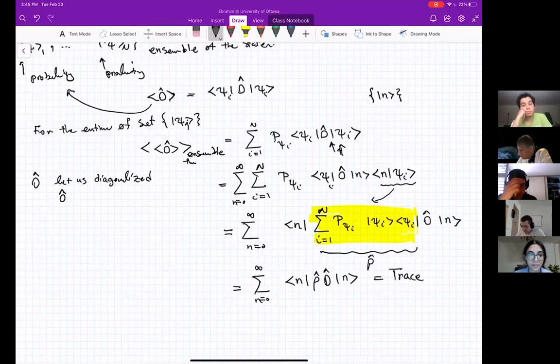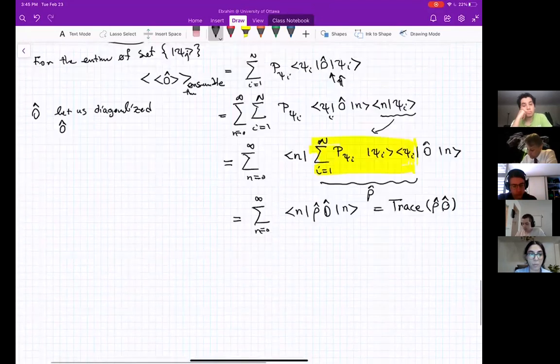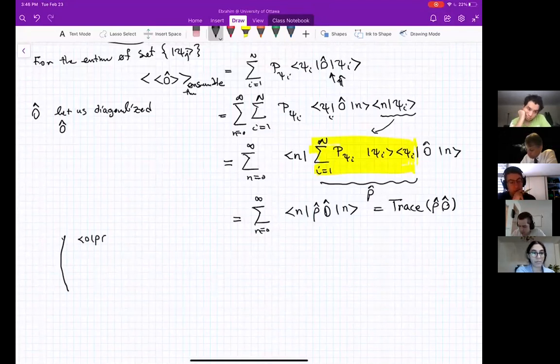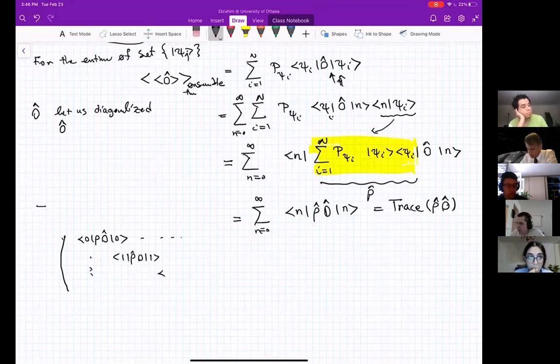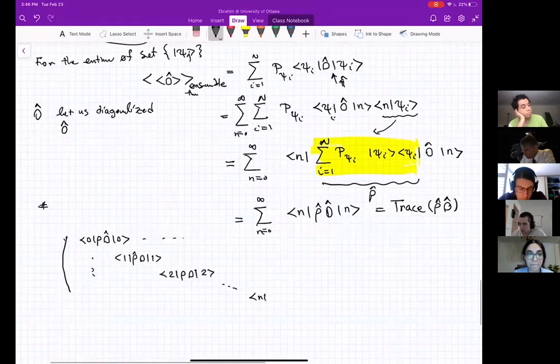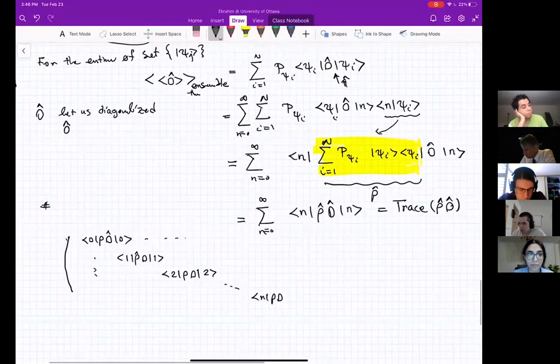Trace of ρO. So essentially, it looks like having ⟨0|ρO|0⟩, the rest I don't care. ⟨1|ρO|1⟩, this is in photon number. ⟨2|ρO|2⟩, and ⟨n|ρO|n⟩.